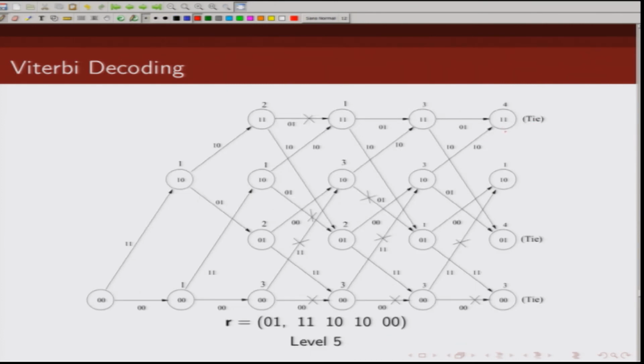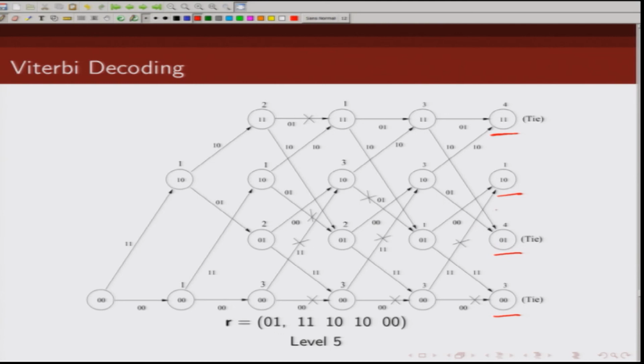Again I repeat, at each time instance what I am doing is computing the partial path metric at each of these states. How do I compute it? It is the partial path metric at the previous time instance plus the branch metric corresponding to the transition which will bring you to that particular state.